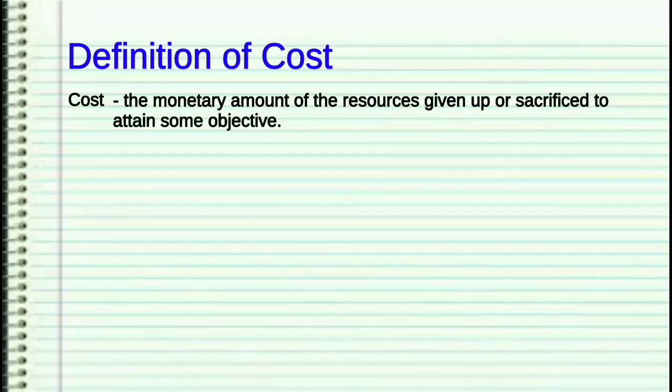That means if your objective is to acquire goods or enjoy services, you need to give up or sacrifice some of your resources. And the monetary value or the monetary measure of the amount of resources na ginive up mo or sinacrifice mo, yan yung tinatawag na cost. So here, the definition of cost is a general definition of cost.